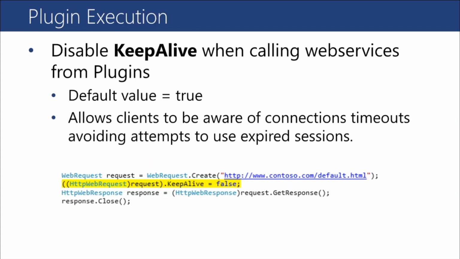If the plugin is registered synchronously, the user may experience the web browser becoming unresponsive, or the browser itself stops responding. On the asynchronous side, the plugin will eventually fail, but the user will not be notified when that fails, depending on how that asynchronous job is picked up.